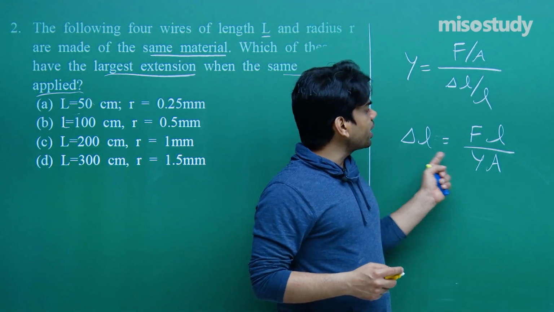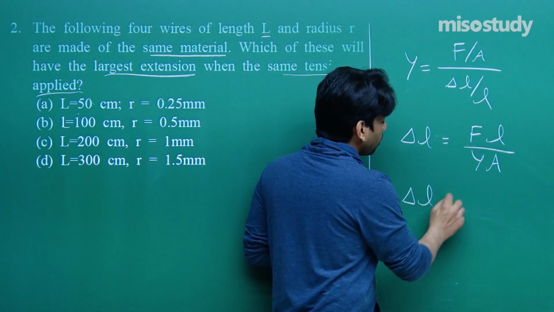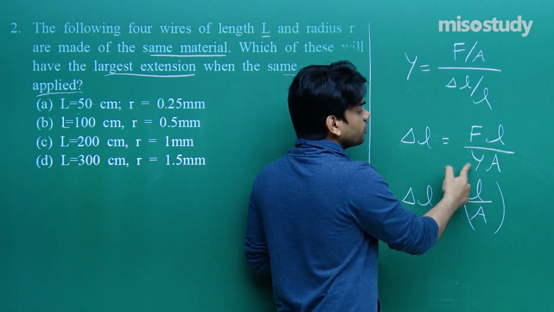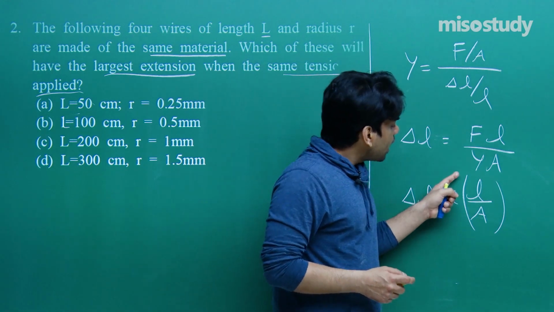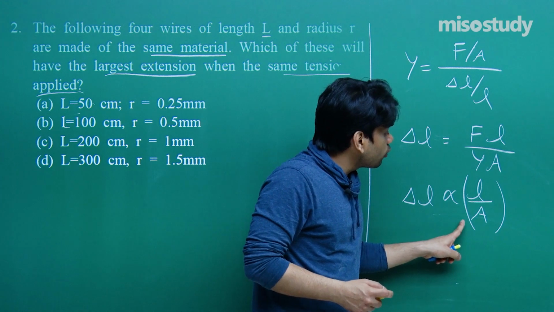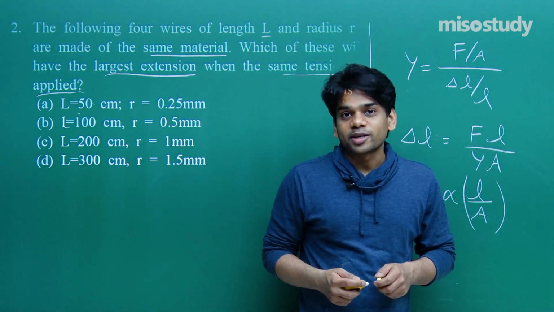Now we have to talk about extension in each of the wires. Extension directly depends upon length divided by area. Force and Y are constant, so it will be directly proportional to the ratio of length and area. So if we find out the ratio of length and area, we will get in which wire we will have the maximum extension.